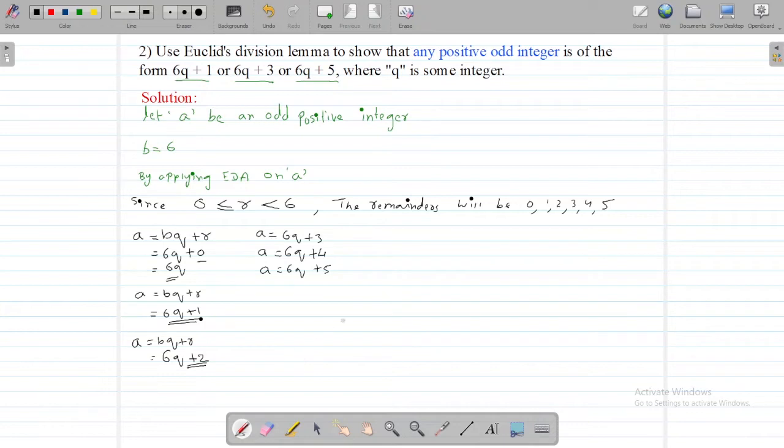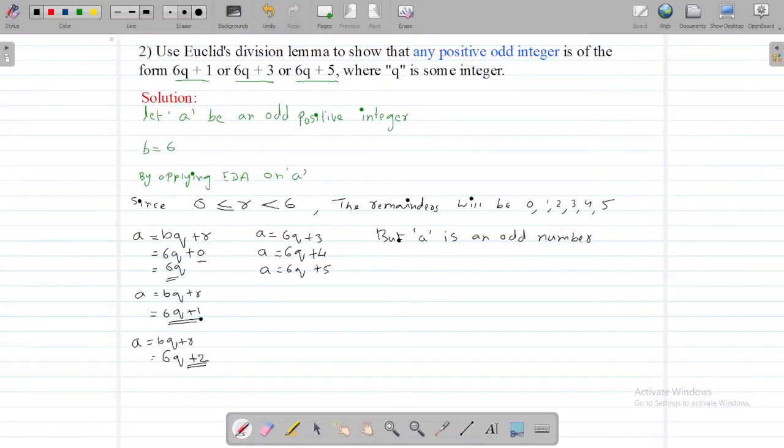So these are our values of a. But in the problem, we know that a is an odd number. So if the number is odd, we can't take 6q plus 2 or 6q plus 4, but we can take 6q plus 1, 6q plus 3, 6q plus 5. So these are our odd numbers.